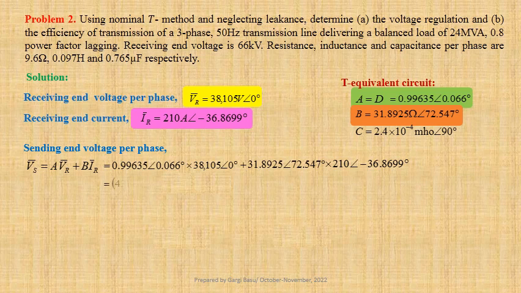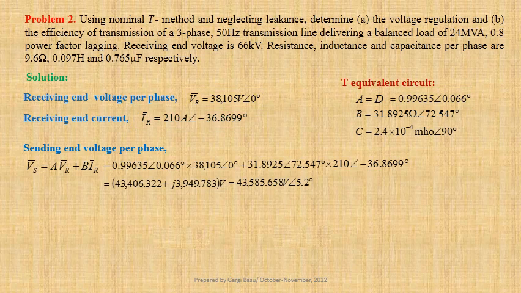That gives us 43,406.322 plus j times 3,949.783 volt. This may be written in polar form as 43,585.658 volt at an angle 5.2 degree.